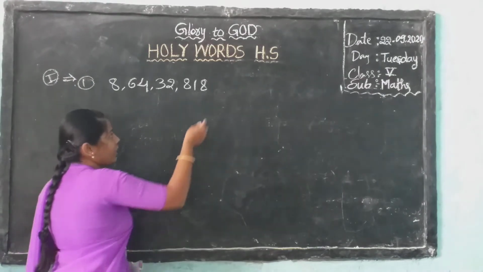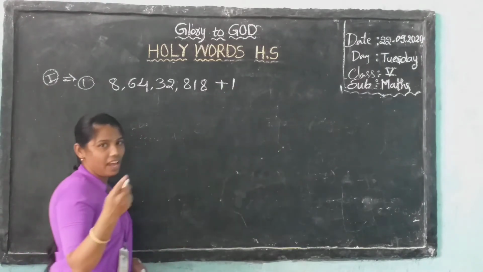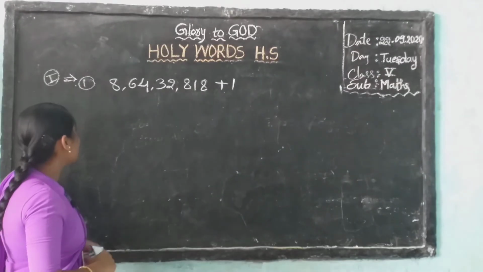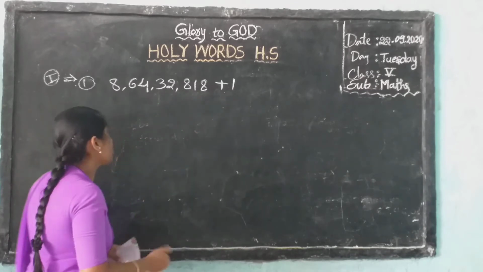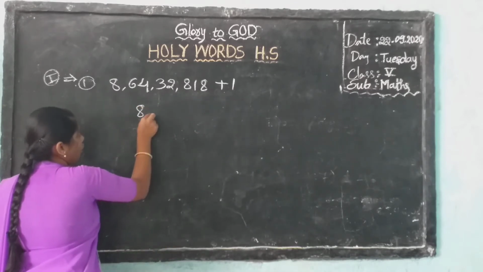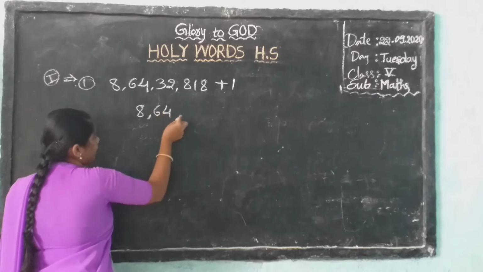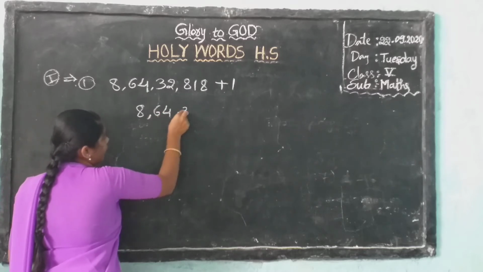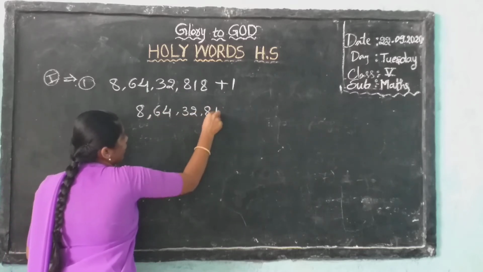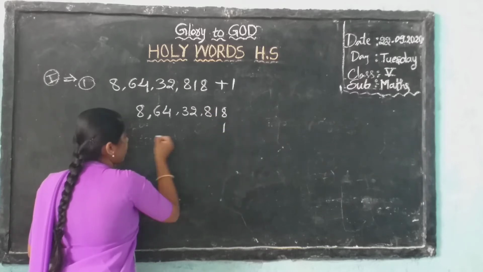For the successor we add plus 1, one more. Listen carefully. 8 crores, 64 lakhs, 32,818. So plus 1.